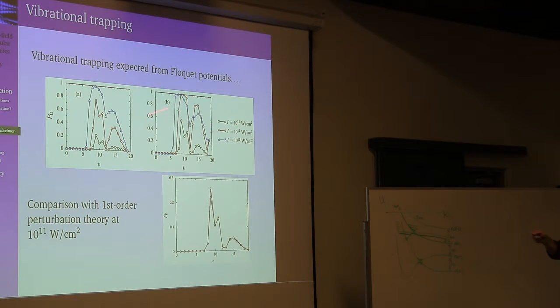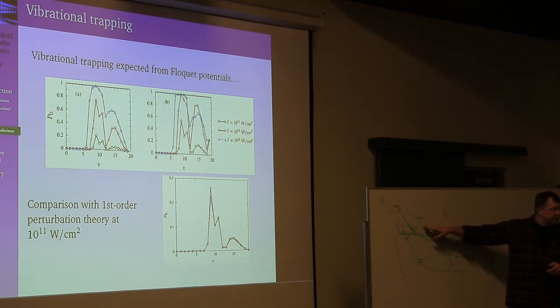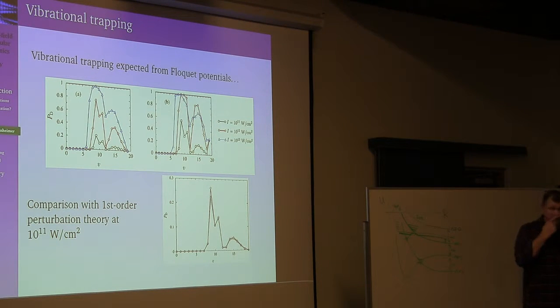So the reason there's a notch there, the dipole's small. There's simply no dipole to dissociate from V equals 12. It has nothing to do with multi-photon effects, it has nothing to do with vibrational trapping, which is a multi-photon effect by definition. Okay? It simply exists, or doesn't exist, as dissociation, because there's no dipole.